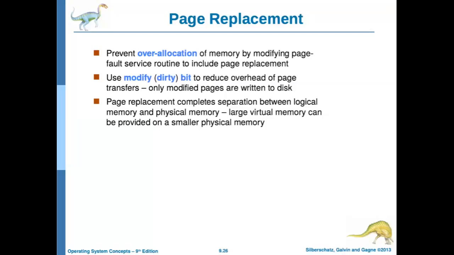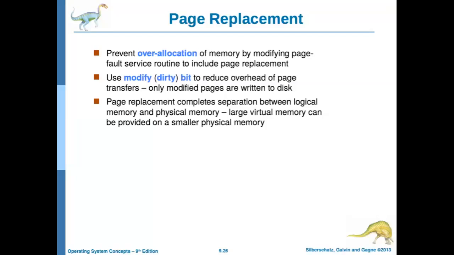But if it is not modified, then there is no need to transfer the contents. So one simple bit is utilized to state whether the page is modified or not, so that only modified pages are written back to the disk. That definitely saves some time.